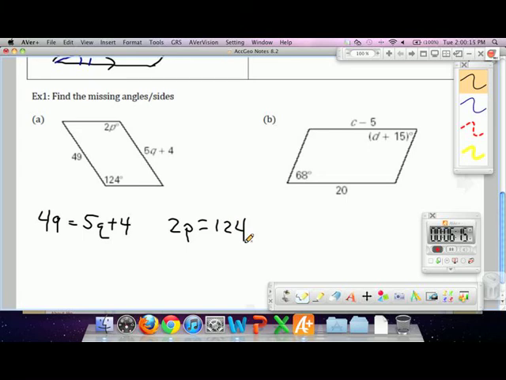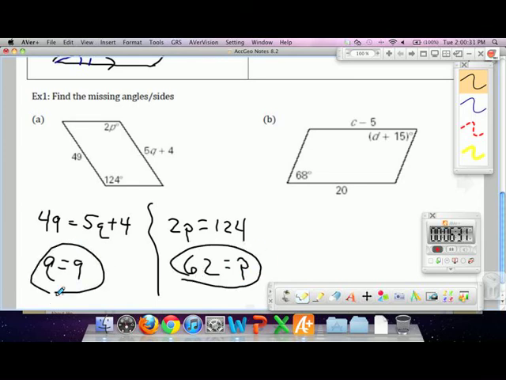Those would be two equations you could set up, and you can solve each of those to find the values. You get Q is 9, and you get P is 62. If you haven't already, do the same for the second example and find C and D.